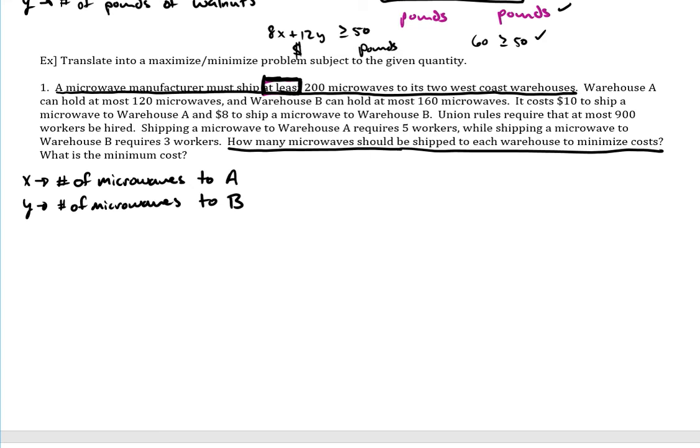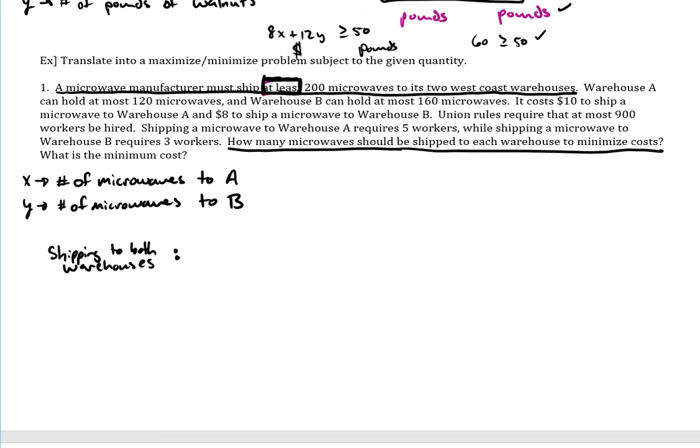I see an "at least," and from here I want to categorize it in some words. So I'm going to say shipping to both warehouses. Kind of organize it like that.